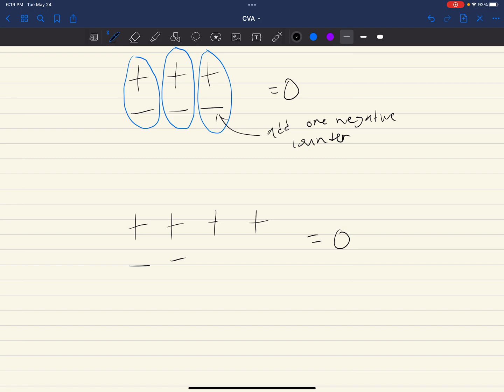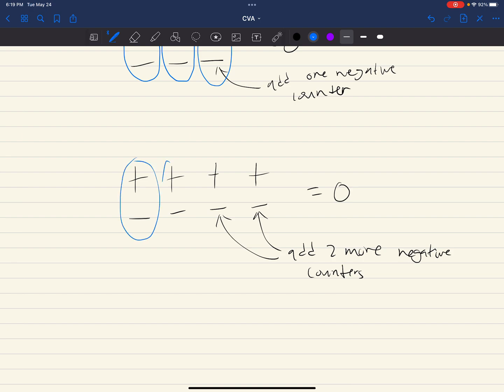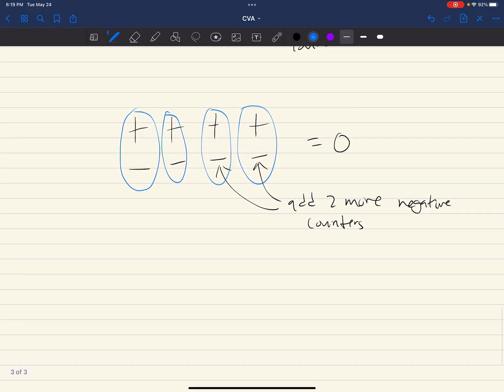The way that we can make this entire diagram, or this number of counters, equal 0 is by adding two more negative counters. The reason is that then this will equal 0, this will be a 0 pair, that'll be a 0 pair, that'll be a 0 pair. So now this entire thing will equal 0. So this is how you determine whether the number of counters all equal 0.